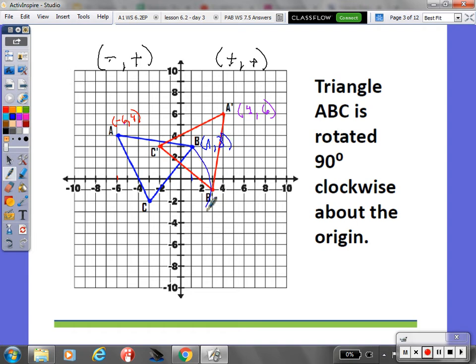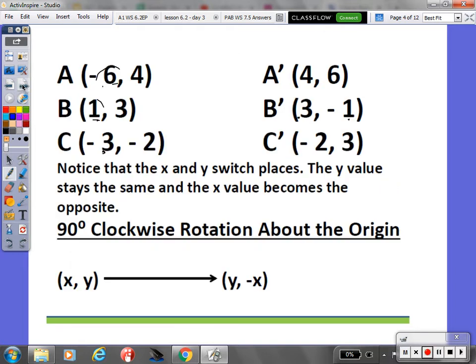If we're spinning it into the fourth quadrant, in the fourth quadrant, X is positive, but Y is negative. Well, flip-flop, the 1 becomes the Y value and the opposite, making it -1, 3 becomes that X value. So the Y's need to be the opposite of what they started as, but the X stays the same. That's why that pattern or that formula is Y, comma, the opposite of X.